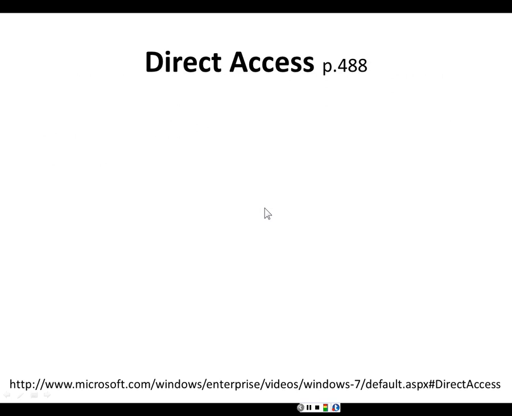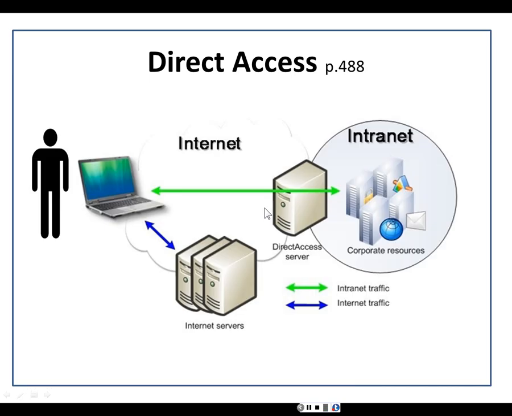Direct access is introduced on page 488, and direct access is where the user is at a laptop computer, portable computer, and it allows the user to either access the network at work, intra meaning within the organization, and access the corporate servers, but the user can also access internet servers, and it's a one-step process.